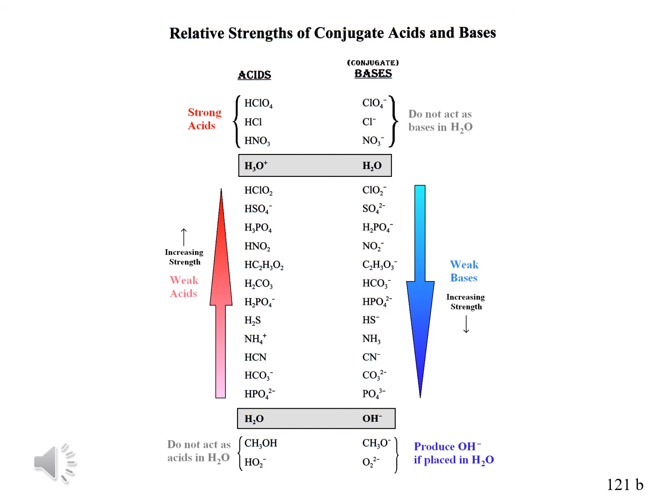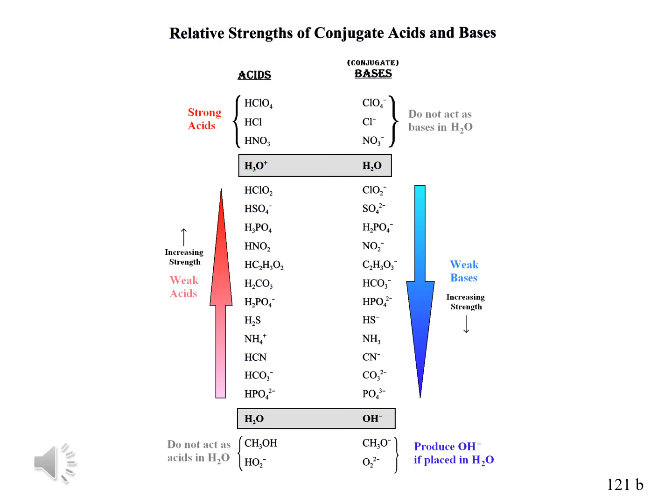If you go on that table now, you can see that when you decrease the strength of the acid, the strength of the conjugate base increases. By the time you get to carbonate and phosphate, you're getting closer to OH, and I said that OH is the strongest base you can have in water.